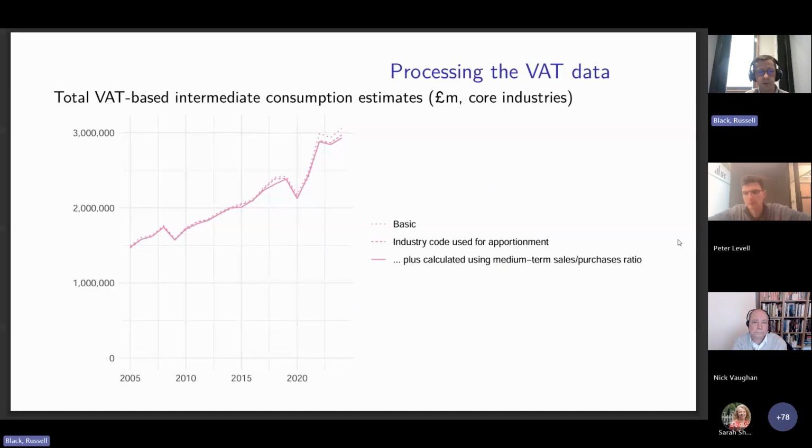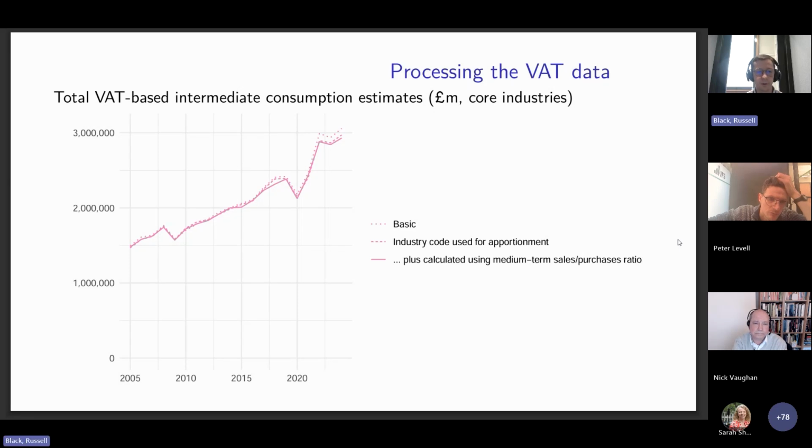How do the different methods applied for calculating intermediate consumption work? So the most dotted line is the basic estimate of total intermediate consumption for the core industries from the VAT data, rising from 1.5 trillion to 3 trillion.